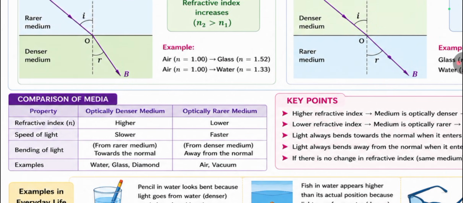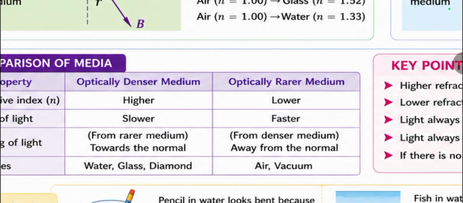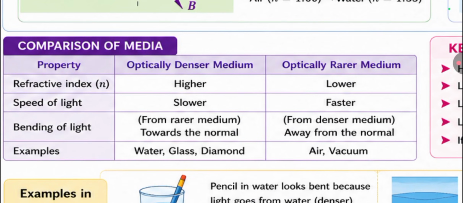Here we have to understand more effectively using this table, comparison of media. In this table the properties are given for optically denser medium and optically rarer medium. In an optically denser medium the refractive index is high, in an optically rarer medium the refractive index is low. In a denser medium the speed of light is slower, and in a rarer medium the speed of light is faster.